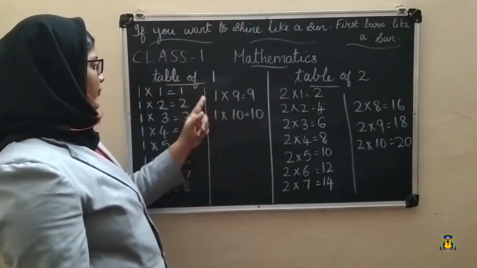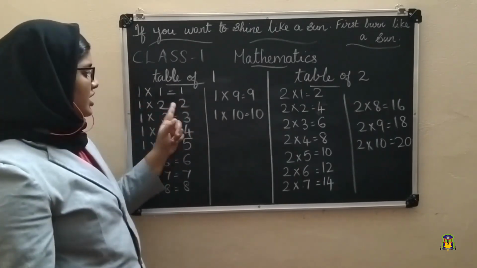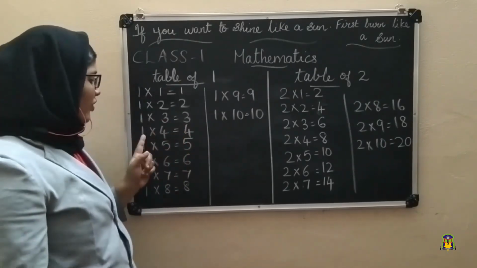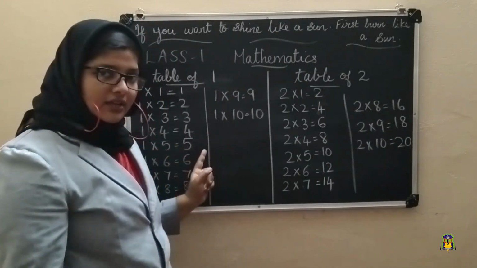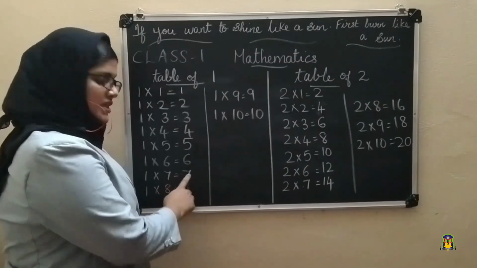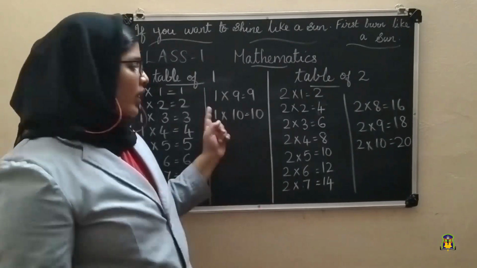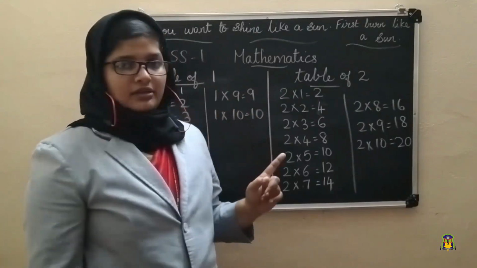Table of 1. 1 ones are 1. 1 twos are 2. 1 threes are 3. 1 fours are 4. 1 fives are 5. 1 six are 6. 1 sevens are 7. 1 eights are 8. 1 nines are 9. And 1 tens are 10.